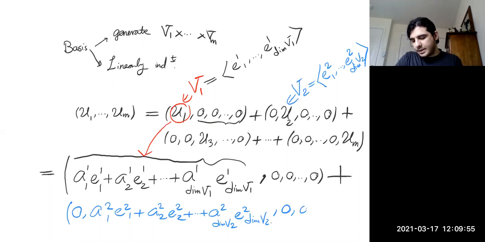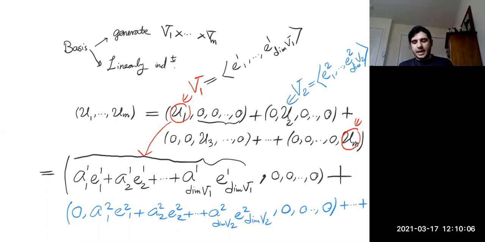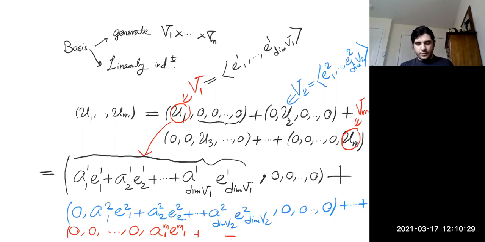And then I have zeros after that. The same thing holds for all the vectors up to the last one, um. um is in Vm, and Vm can be generated by its basis. So the last one would be (0, 0, 0, ..., um), where um is a linear combination of the elements of the basis of Vm, with scalars am1 times em1 up to am dimension of Vm times em dimension of Vm.